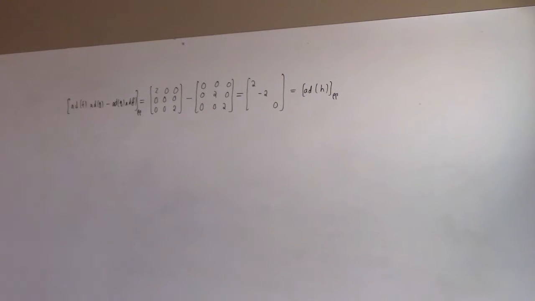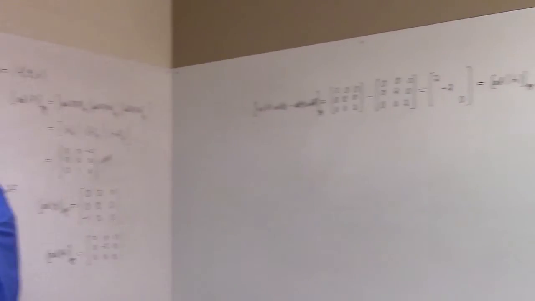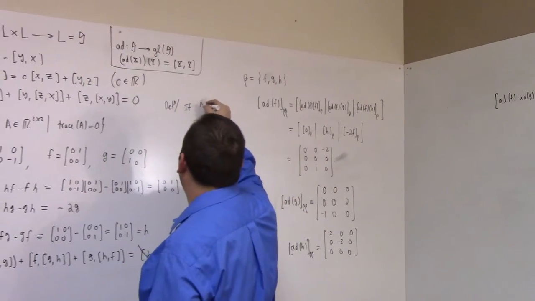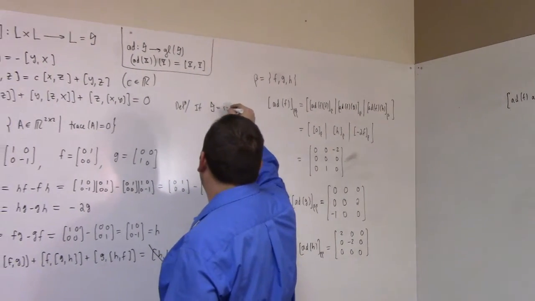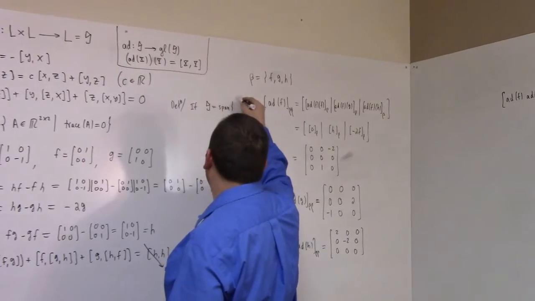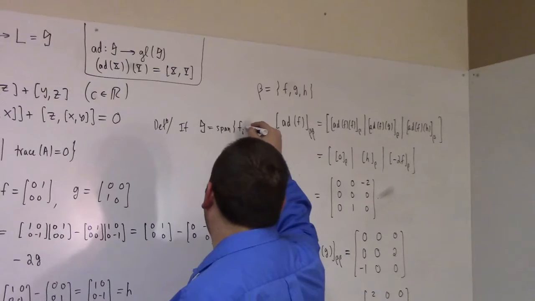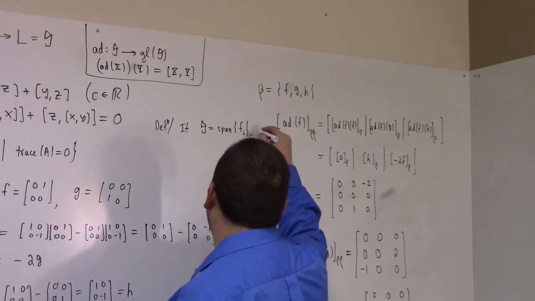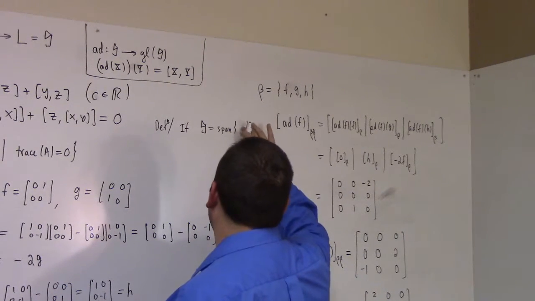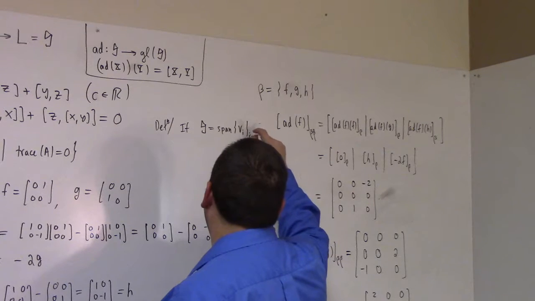Now, there's something called structure constants, right? So definition, if your Lie algebra G is the span of, let's say, Vi, that's my usual notation, Vi, I equals 1 to n.